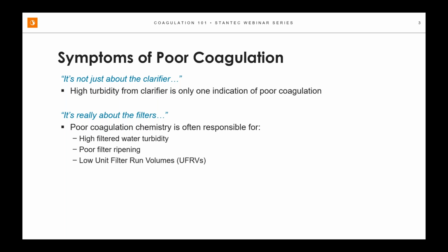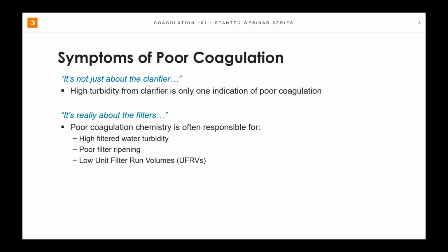So I want to stress right at the beginning, when we talk about poor coagulation, traditionally we thought at coagulation things settle out in the clarifier, and monitor your clarifier turbidities, and that's just not the whole picture, right? That's only one indication. Where coagulation really matters is in the filters. So if your coagulation chemistry is off, that's most likely what's causing high filtered water turbidity, or long filter ripening times, early breakthrough, or just general low unit filter run volumes.